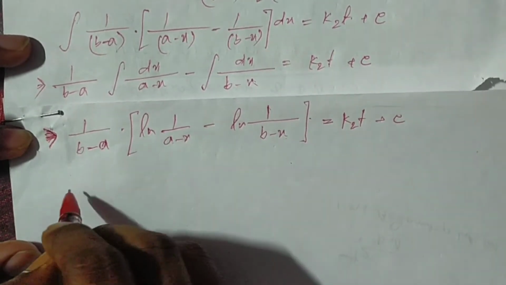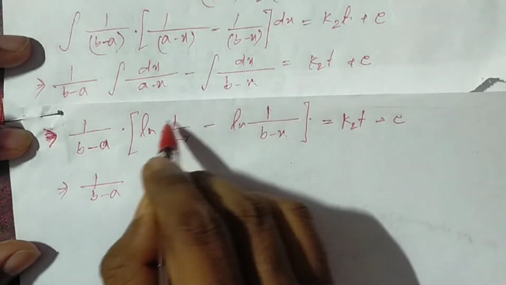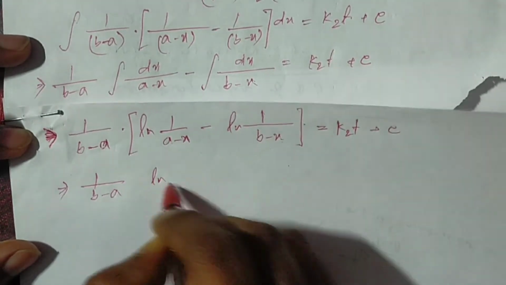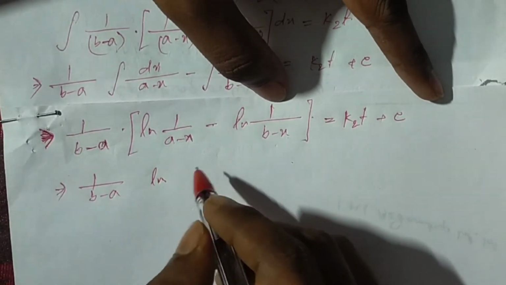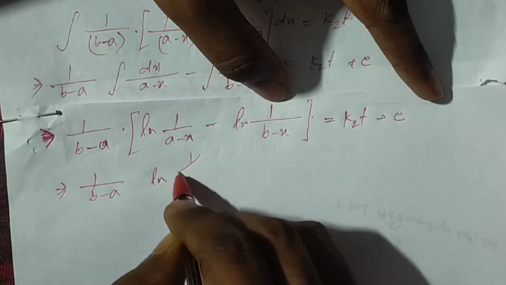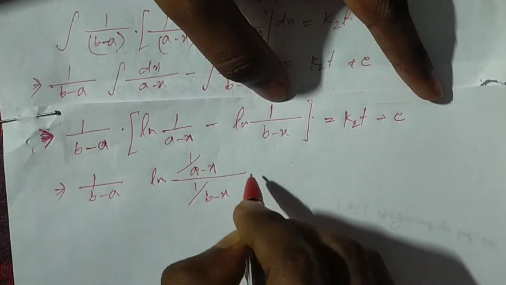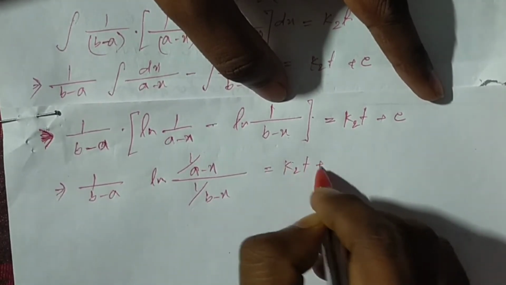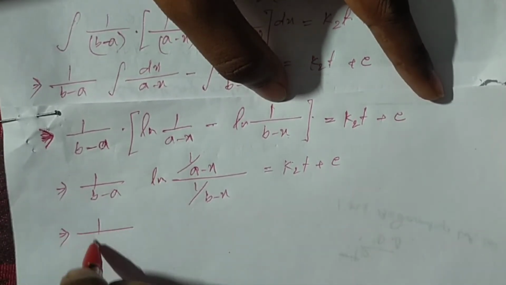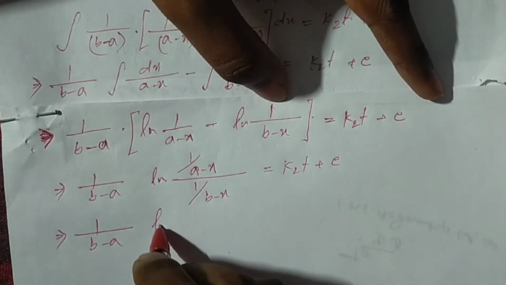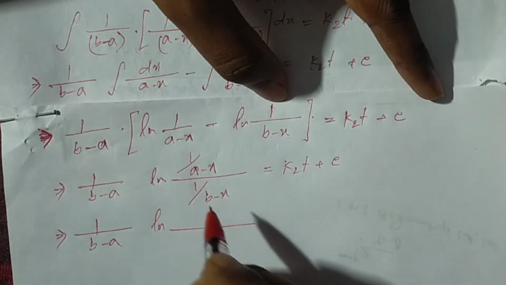Okay, so we can write 1 by (b minus a), and this part, as it is ln, in terms of minus, we can write as ln of 1 by (a minus x) divided by 1 by (b minus x). It will be k2t plus c. So b minus x will come here and a minus x will come here.